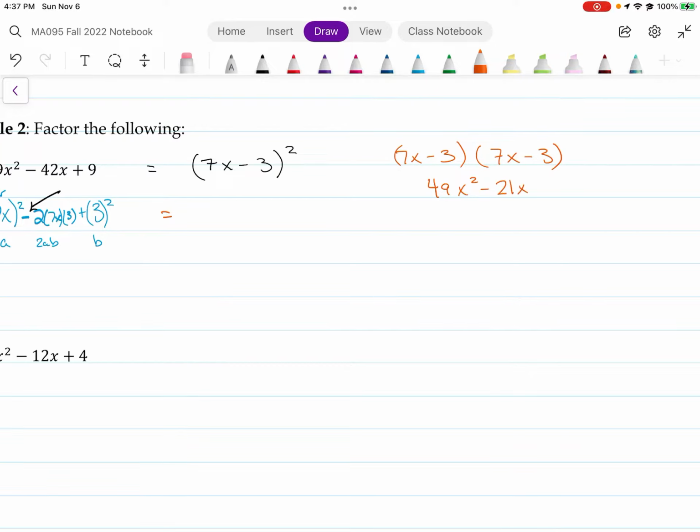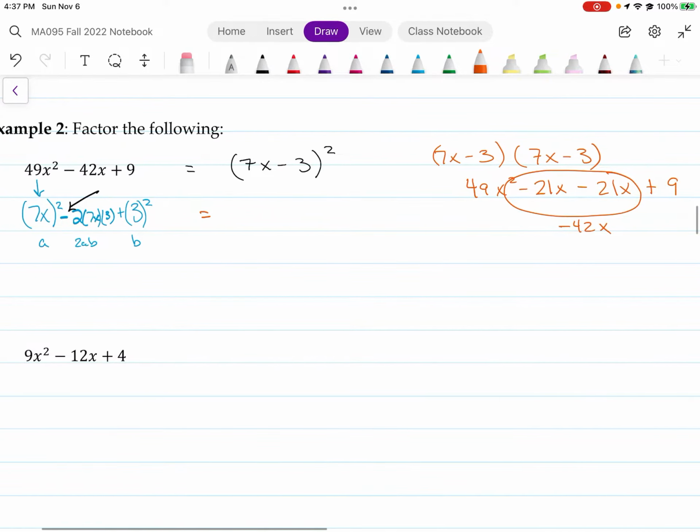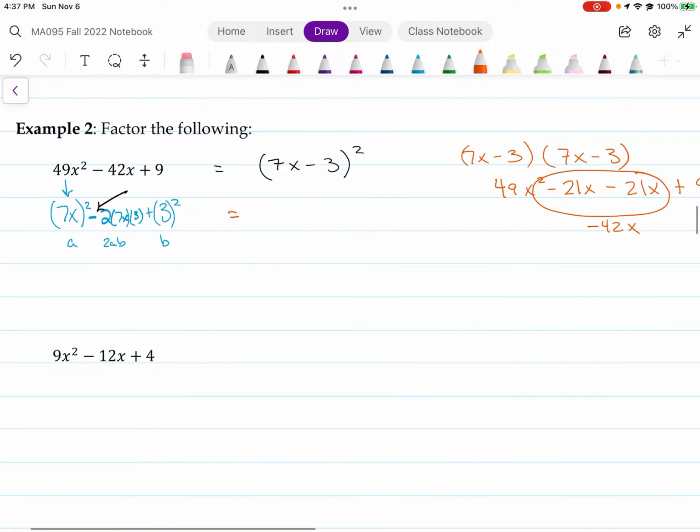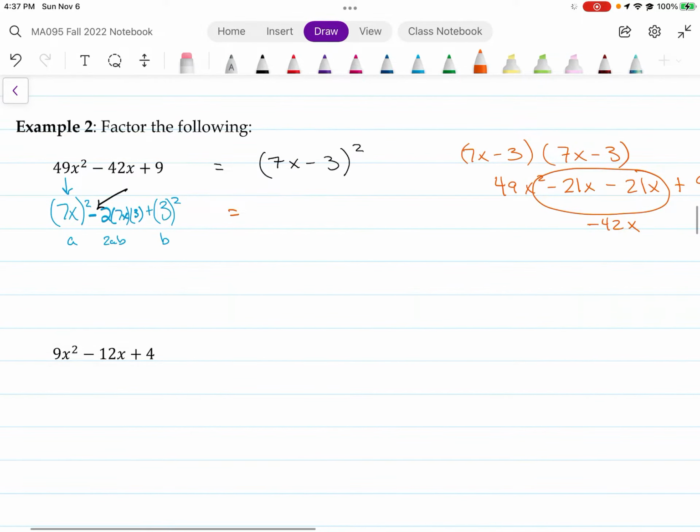And then minus 3 times 7x is the inside term, that's minus 21x. And then negative 3 times negative 3 is 9. And look at that, that is where our middle term, negative 42x, comes from, and that's how it becomes negative, because both of the 3's are negative. So really, b must have been negative 3, because negative 3 squared gives us 9, or positive 3 squared gives us 9.